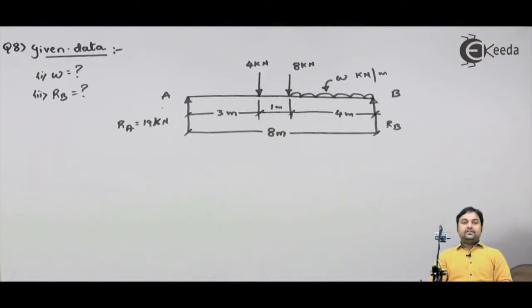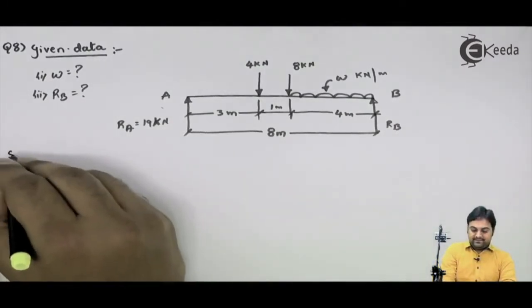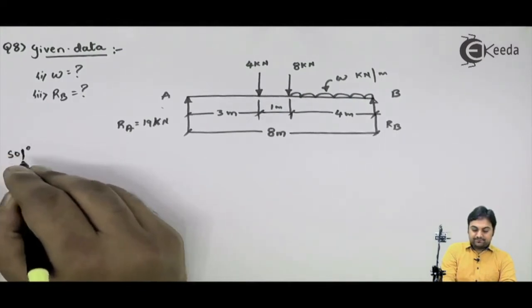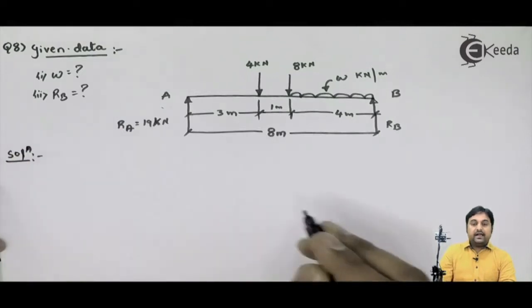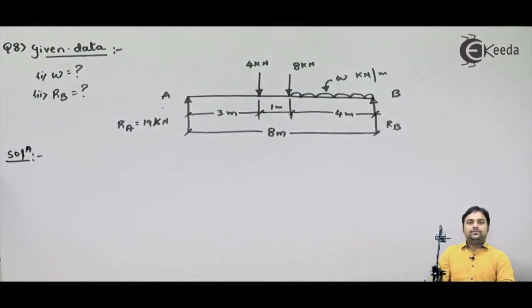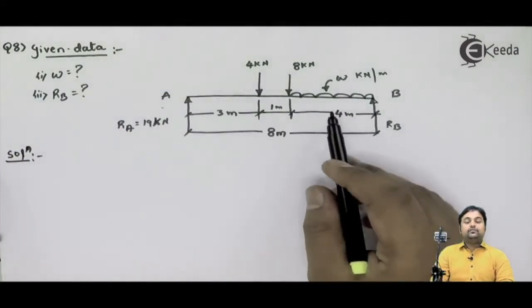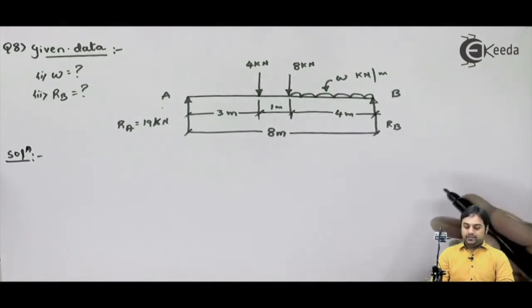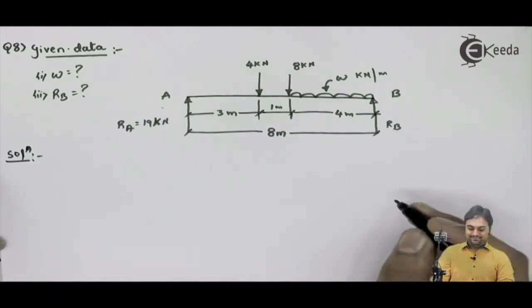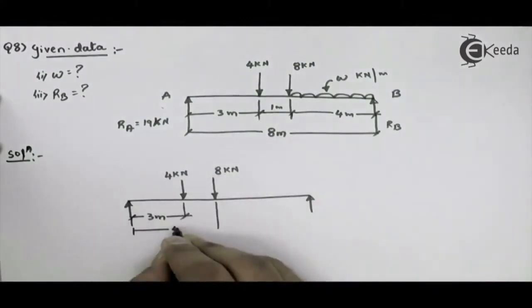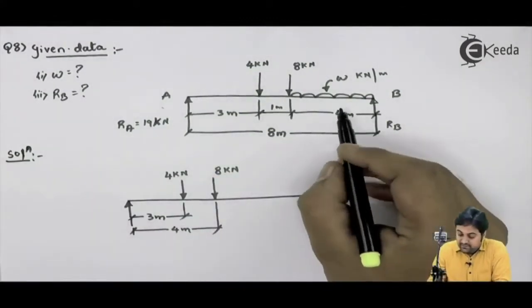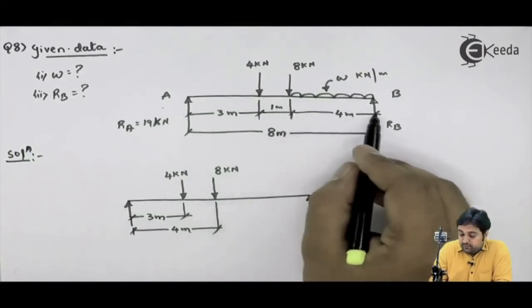Now with this data, let us try to get the solution. I'll write the solution for this. Again, as we have seen in the previous problems, wherever there is UDL, we would be converting it into a point load and drawing the diagram again. Here I have UDL for the entire span of 4 meter.